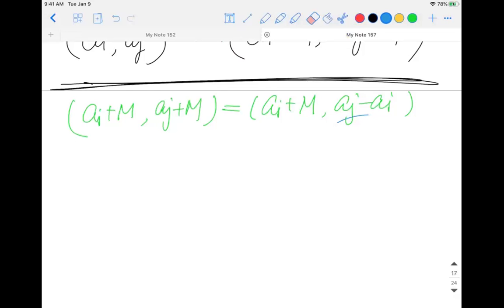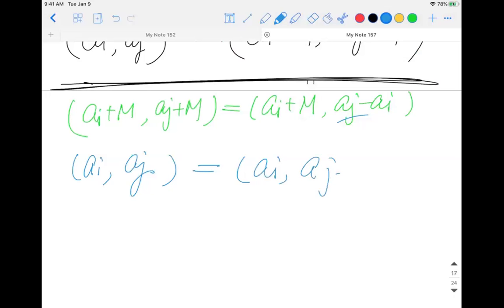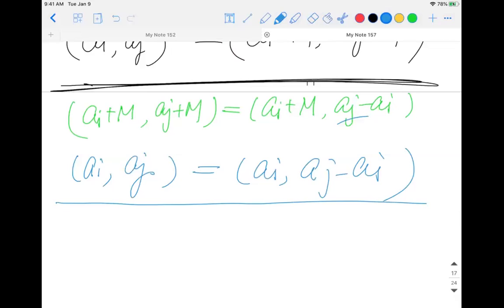What about this one? This is also this, right? Again, I'm using the Euclidean algorithm one more time. If I do a comparison between these two guys, who can tell me what's the value for M?